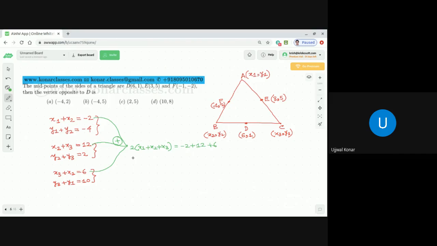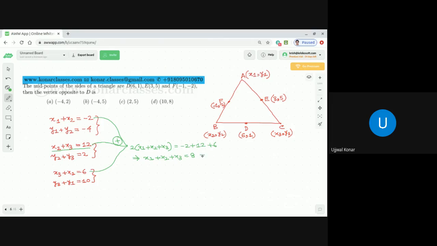So from here we get that x1 plus x2 plus x3 is equal to 16 by 2, that is 8. Now out of that, x2 plus x3 we are already aware is 12.